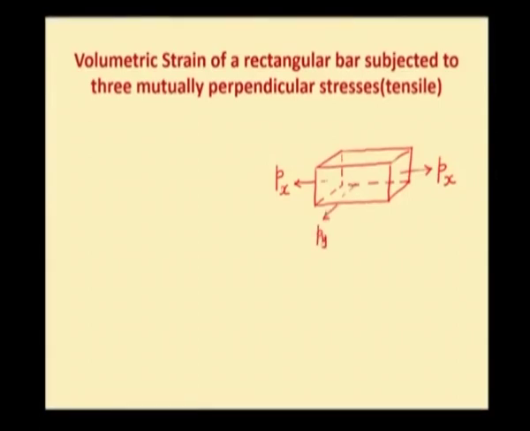Small py is the tensile stress acting along the y direction, and finally, small pz is the tensile stress acting in z direction, that is along z axis. If you see, all the 3 stresses are tensile in nature.